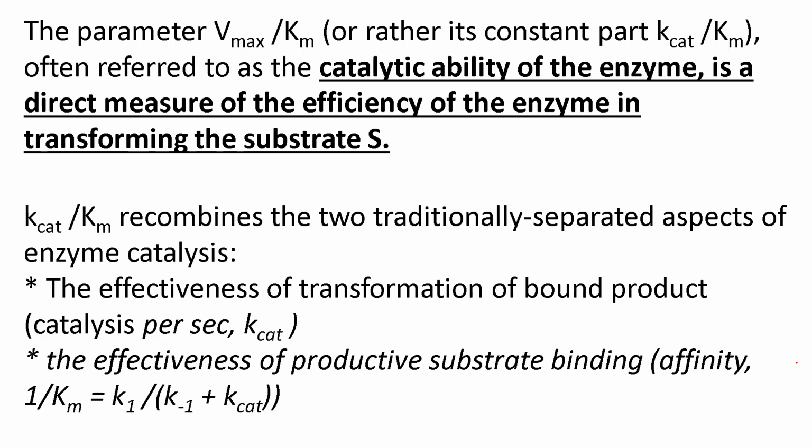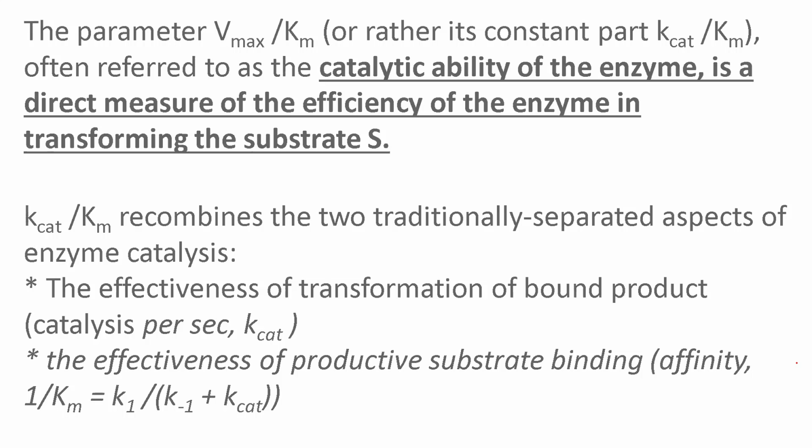So Kcat over Km combines two traditionally separated aspects of enzyme catalysis: the effectiveness of transformation of bound substrate, that is the catalysis per second, which is the Kcat, and also the effectiveness of productive substrate binding, that is affinity. We have seen that Km will always be a combination of all the kinetic constants, where you have K minus 1 plus Kcat over K1.